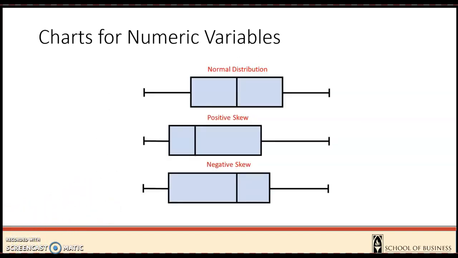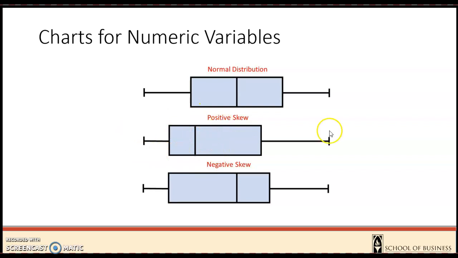You can look at a box plot and see how a distribution is skewed. In a normal distribution, we've got the whiskers on either side, and the median, the 50th percentile, is in between the first and the third quartile. Now we see the median gets pulled down to the left.